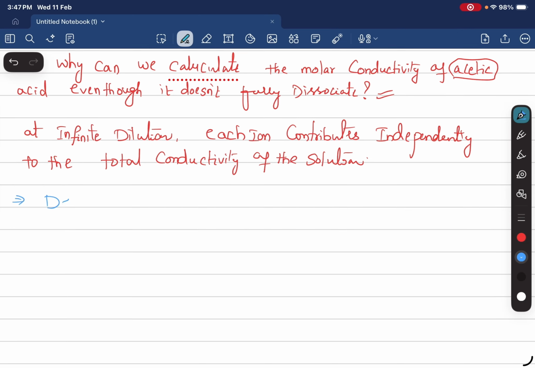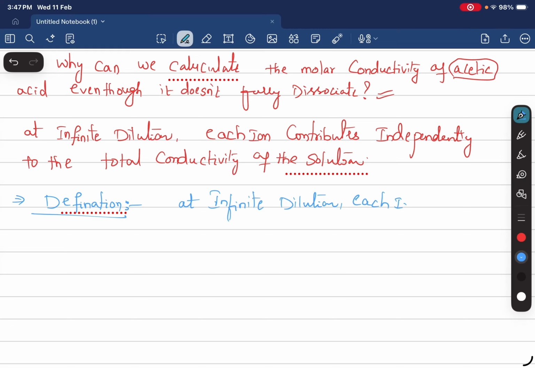Exactly how we can define Kohlrausch's law, we can discuss here. At infinite dilution, so if you add too much water to the electrolyte, what happens?